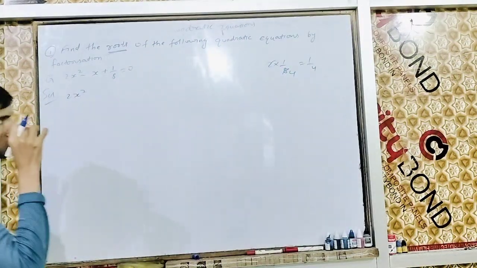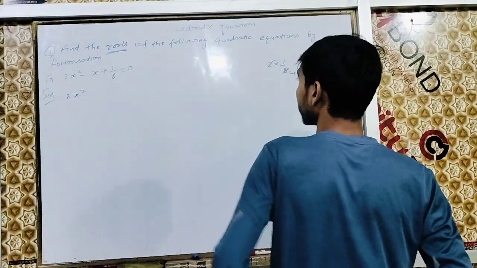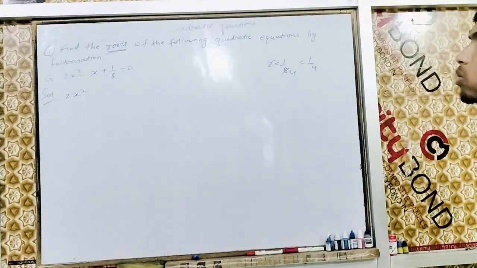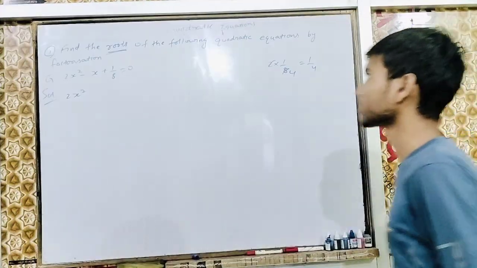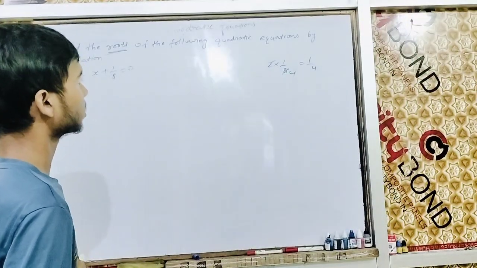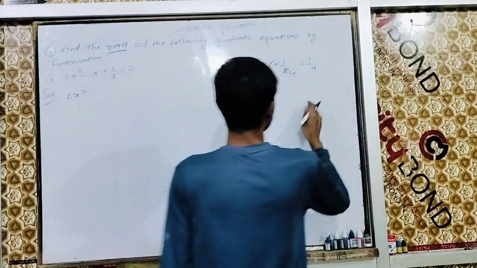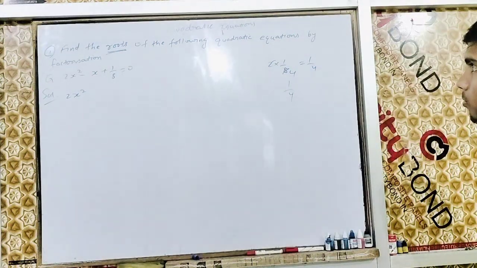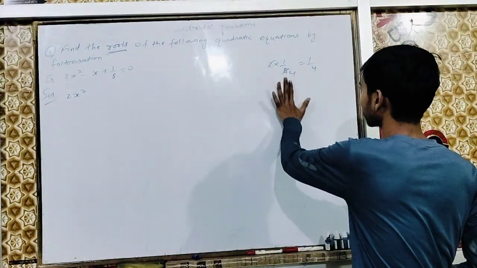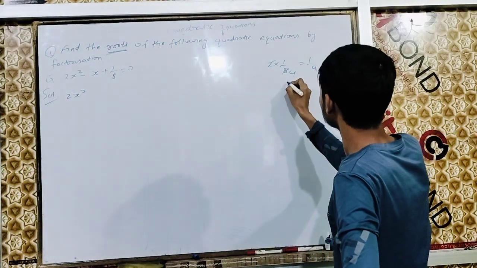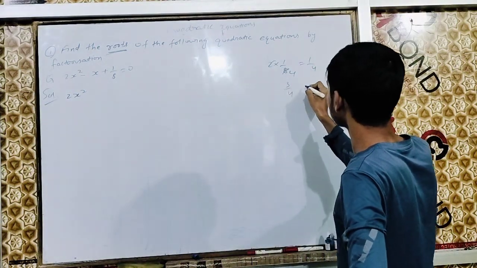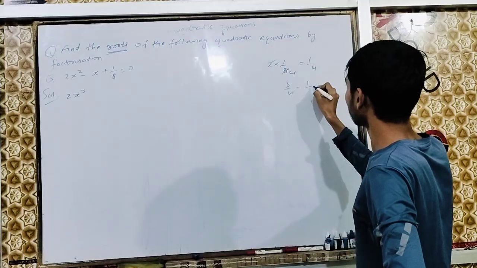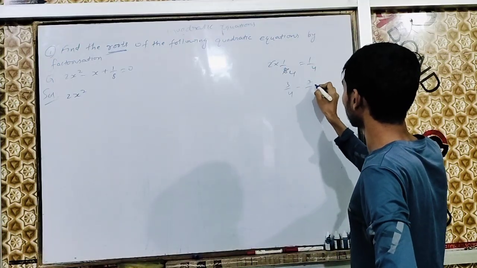Okay, what should be those numbers that can give us minus 1, minus x? I think it should be 1 upon 4, can be right, 3 upon 4 and then minus 1, not 1, 2 upon 4.